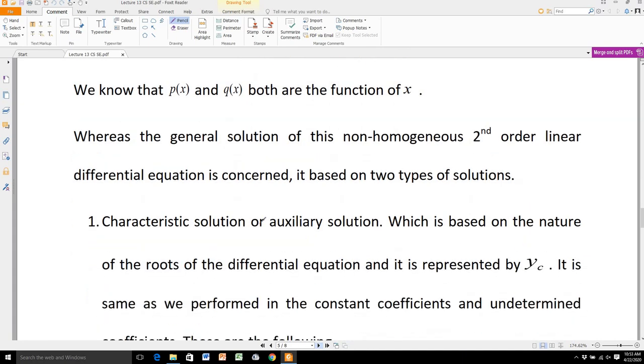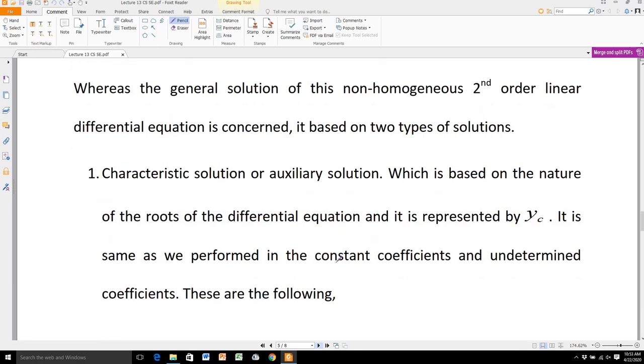The first one is the characteristic solution, or we say the auxiliary solution, which is based on the nature of the roots of the differential equation, and it is represented by YC.